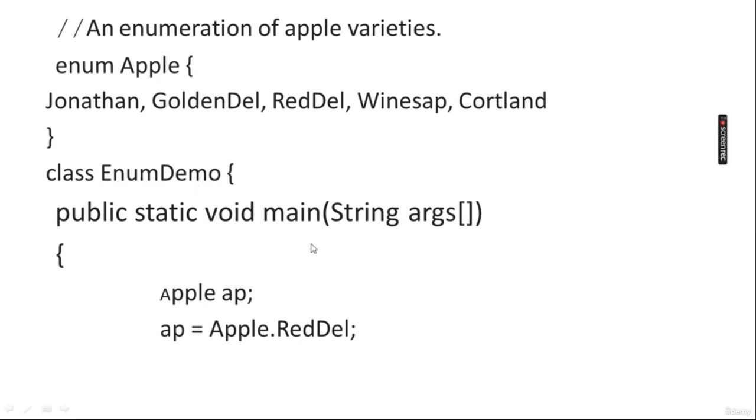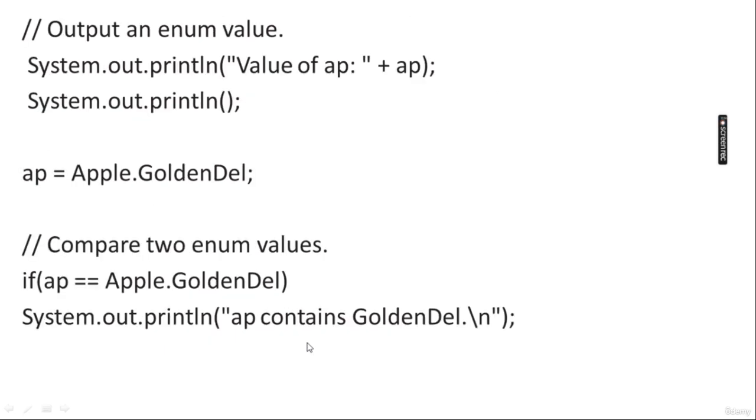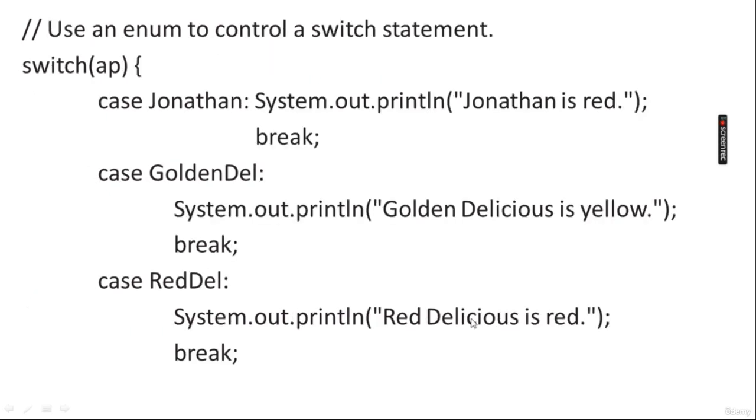Class EnumDemo. Here the Apple variable AP is created. AP is equal to Apple.RedDel, so the value of AP is RedDel will be displayed. Here AP is assigned Apple.GoldenDel. If AP is equal to Apple.GoldenDel, then AP contains GoldenDel, true or false, will be displayed.